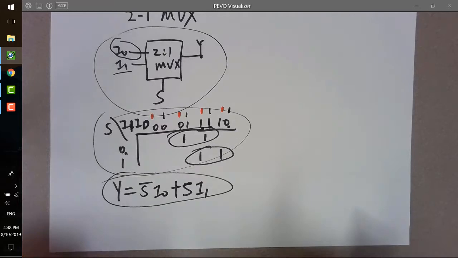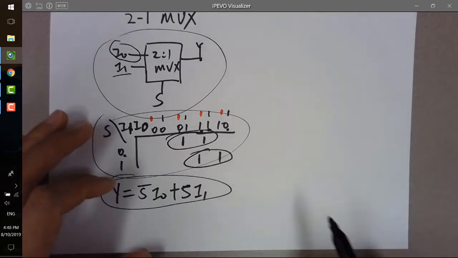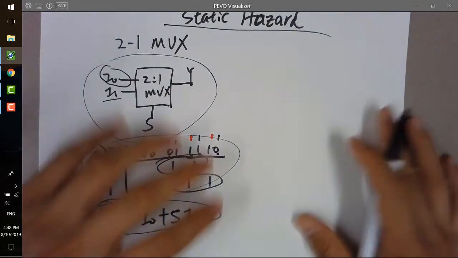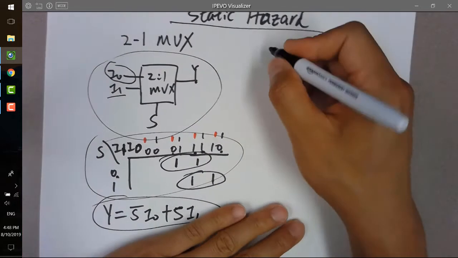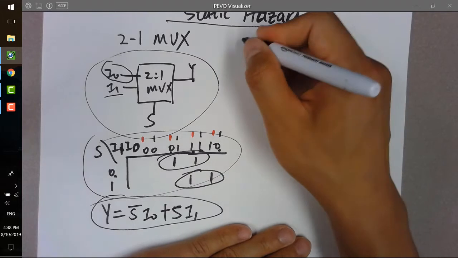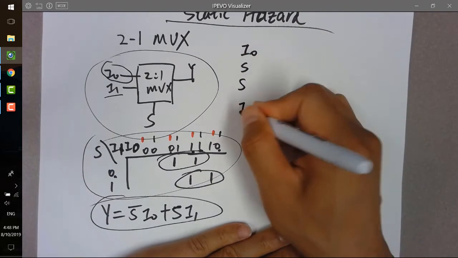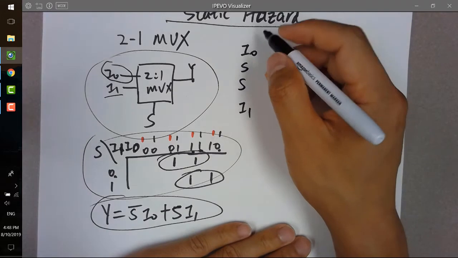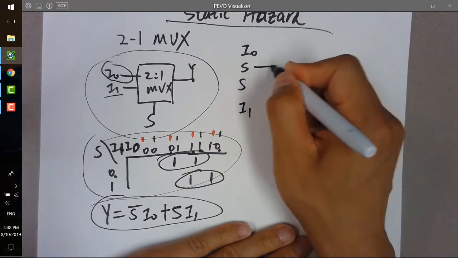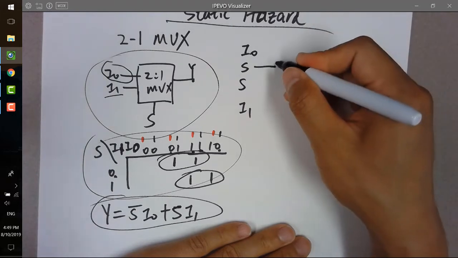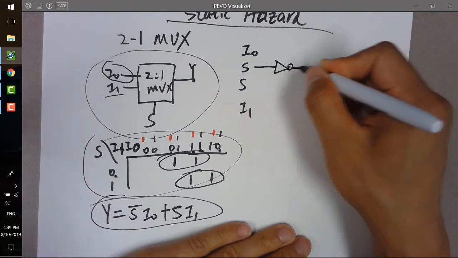However, if you only have this, you are going to have a static hazard. I'm going to show you what a static hazard is in the waveform. For example, you have a circuit for this logic function, with I0, S, I1, those are the signal lines. It's the same signal line, but I just draw it separately so it's more clear for you guys, not overlapped together.